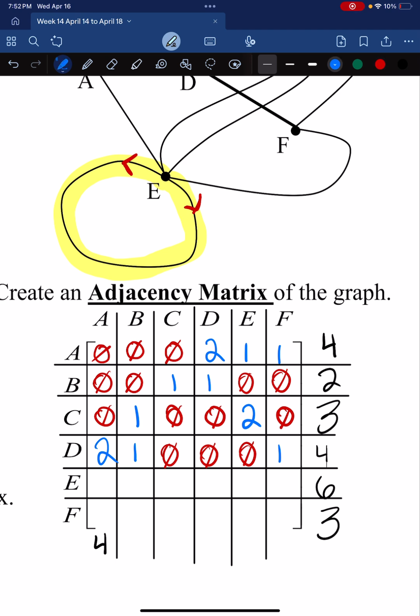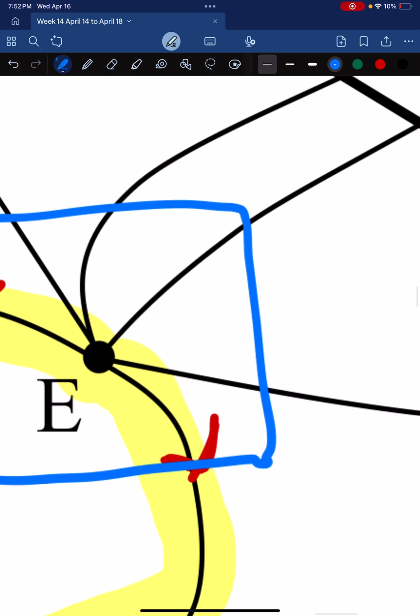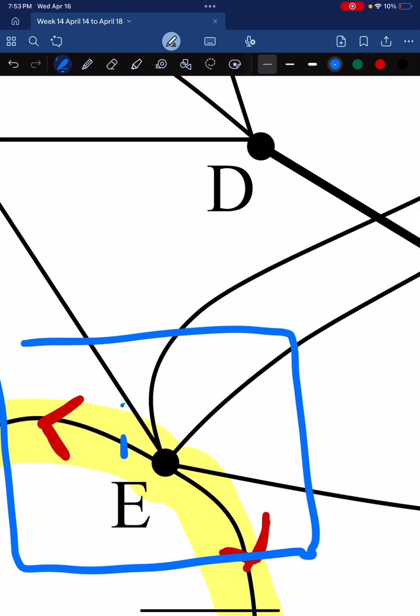So does E connect to E? Yes, twice. That is key, because don't put once just because you see 1 circle. Remember, we zoom in and we ignore what the rest of the lines are doing. We only see 6 lines: 1, 2, 3, 4, 5, and 6.